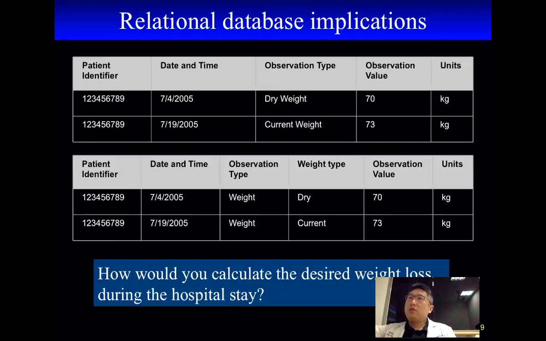If you want to retrieve data, the second style is more straightforward, because think about observation types: you have weight, height, a lot of things.